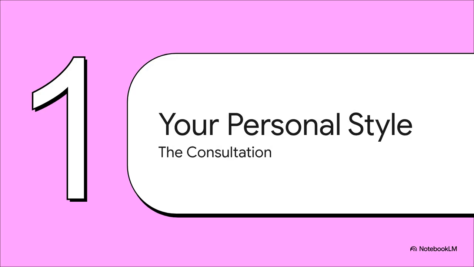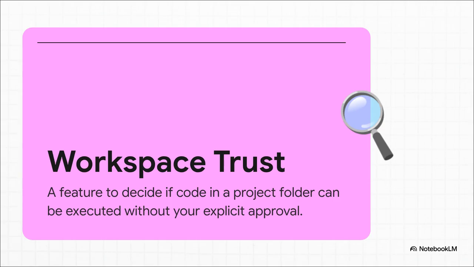So where does any good stylist start? With the consultation, of course. Before we even think about making a cut, we have to understand the client, and in this case, the client is you. We need to figure out your core preferences. It's all about making sure you're comfortable and establishing that foundation of privacy and trust. The very first question your editor asks is basically, hey, can I trust the code in this folder?